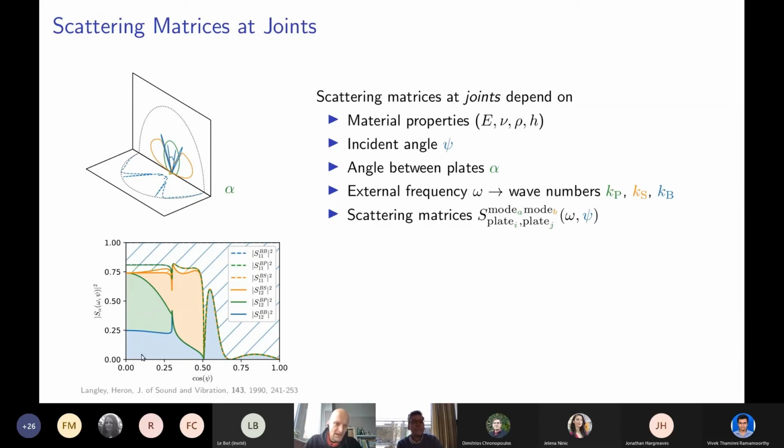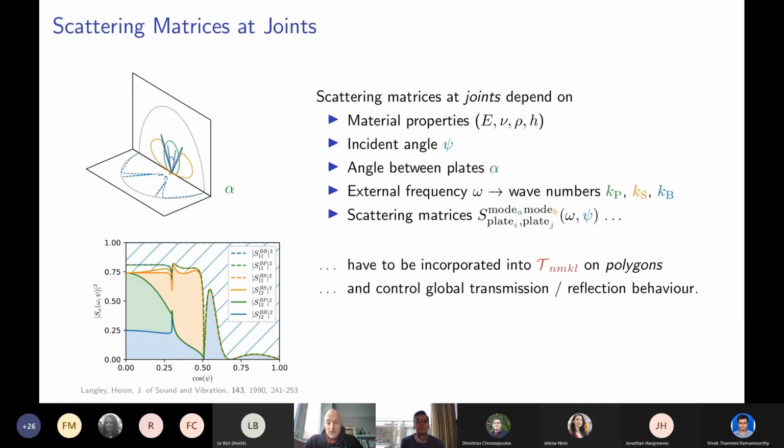If you are incident with a bending wave on plate 1, then the solid color represents transmission. The dashed is reflection: reflection into bending, reflection into pressure, reflection into shear. This would be transmission into shear, transmission into bending, transmission into pressure and transmission into shear. And now you can move your incident angle around, and depending on your angle, you get different behavior.